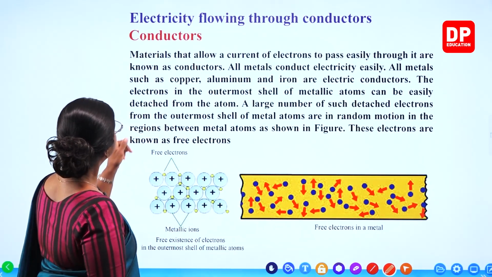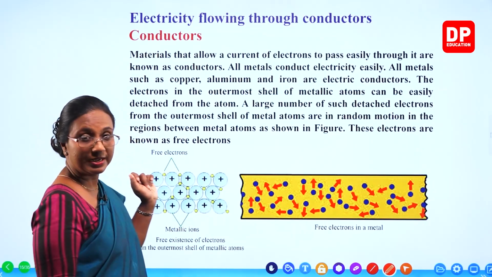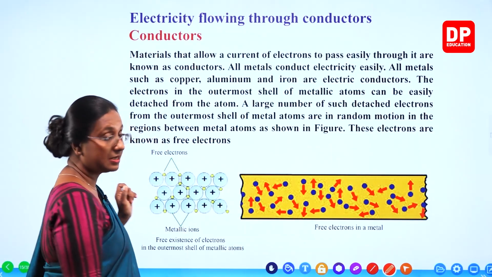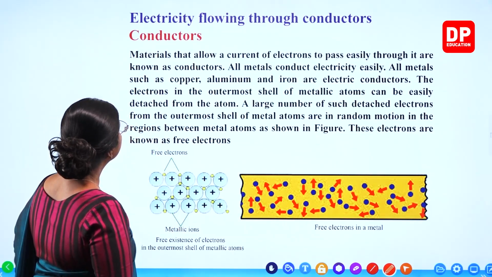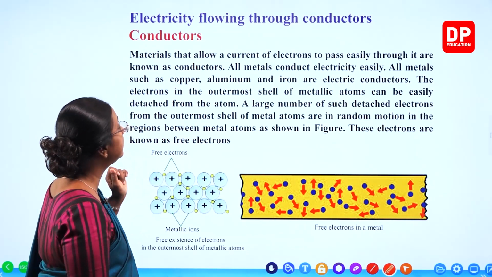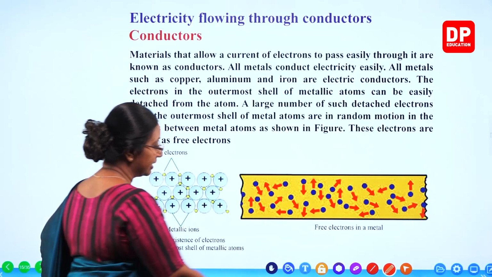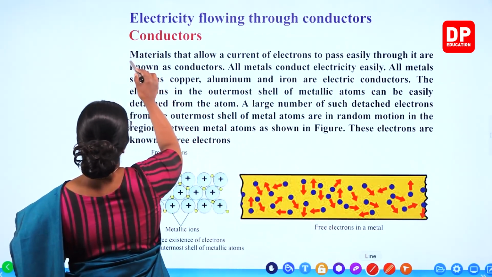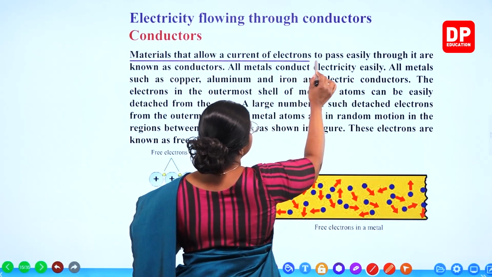So with electricity flowing through conductors, under that we'll be discussing conductors. Materials that allow a current of electrons to pass easily through them are known as conductors. You have to consider this sentence first.